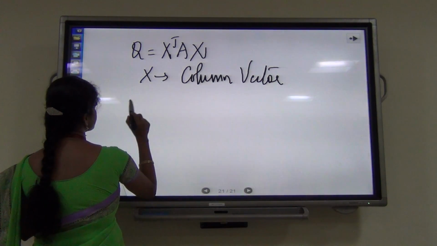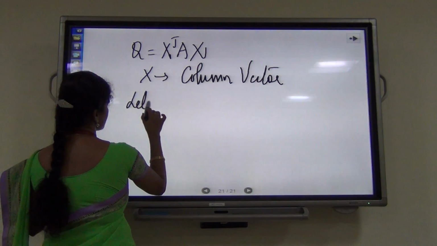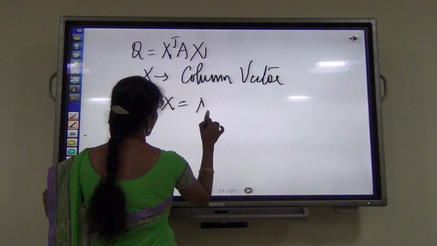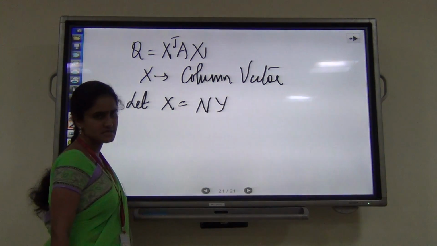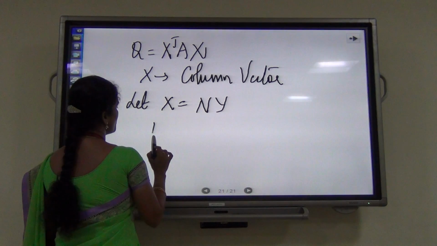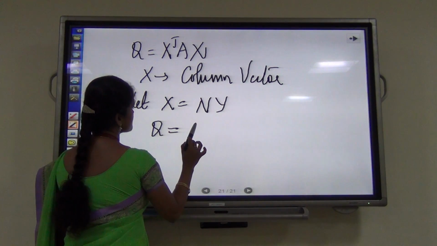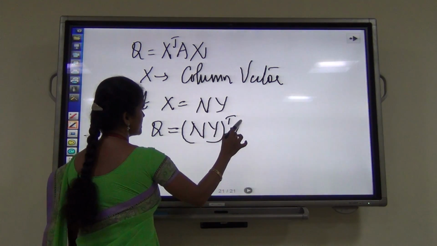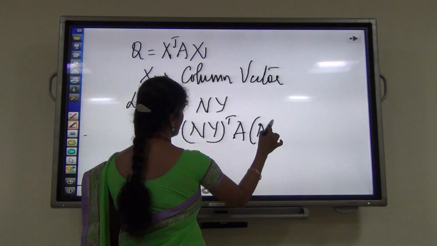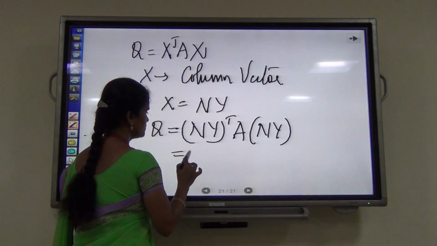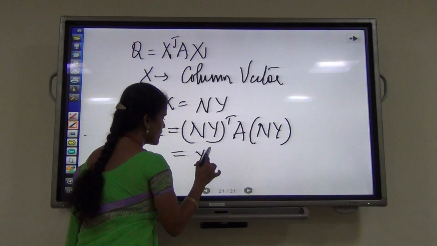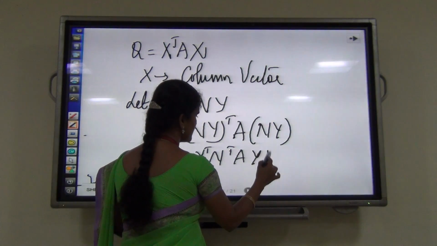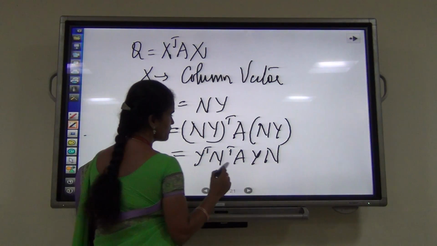Now let us take a transformation, X is equal to ny. Then Q is x transpose Ax, that is (ny) whole transpose into A into ny. Now the transpose of this will give you y transpose n transpose A into ny.